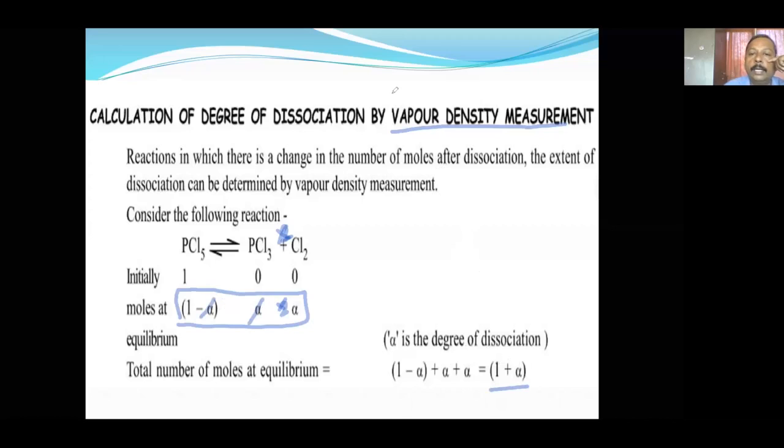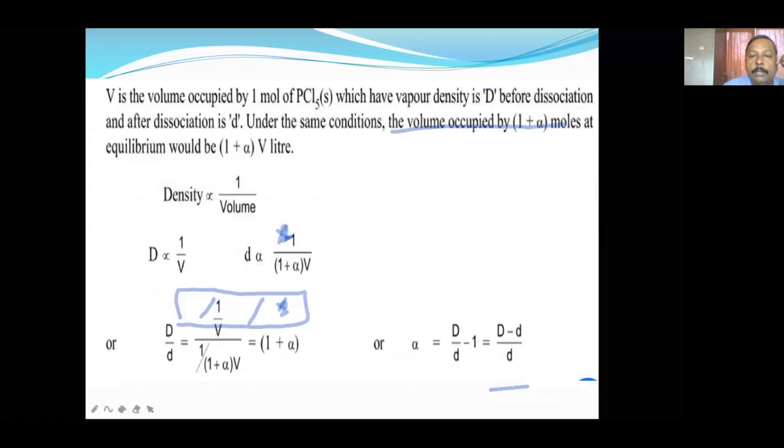Then you will calculate the equilibrium constant by substituting these. Okay, this is the calculation of degree of dissociation. First step. This is a derivation and it is applicable only for PCl5. So it can be used for others with similar modifications in the derivation.